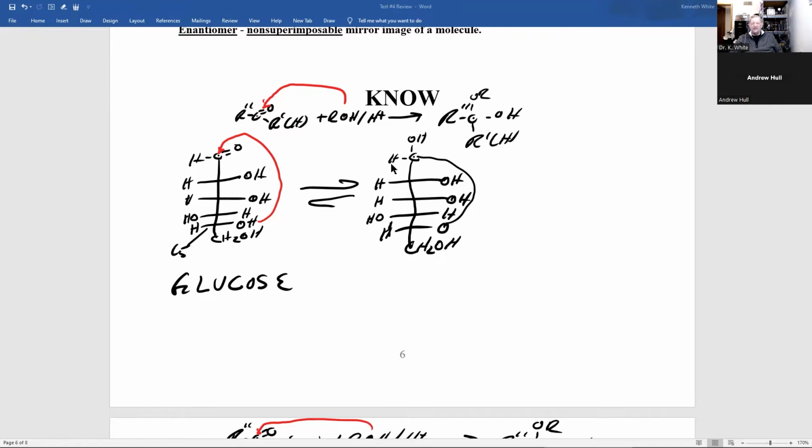R prime is hydrogen. On a test, I give you the structure for glucose and double arrows. You should know how to draw this product. On test 4, if I give you this product and say what's the starting material, you should know it's glucose or draw glucose.